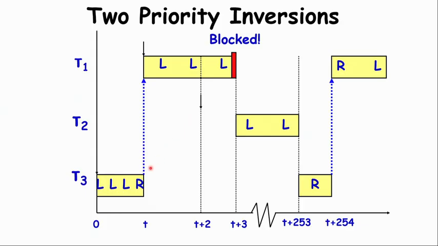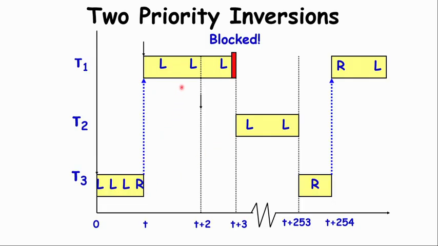Due to the same resource R, the task T1 can suffer two priority inversions when the task T2, which does not need the resource, starts executing and preempts T3 from using the CPU.